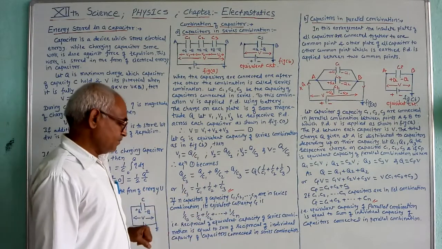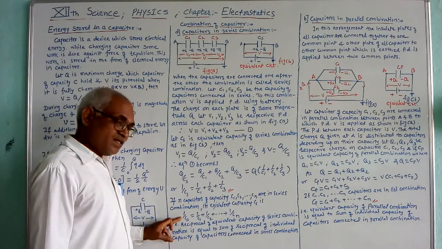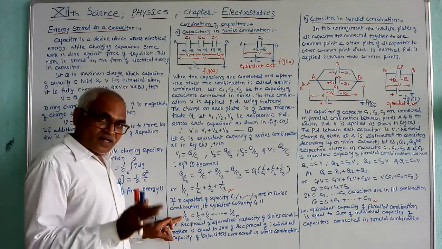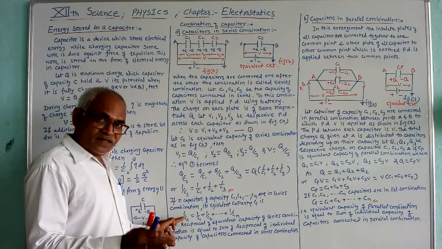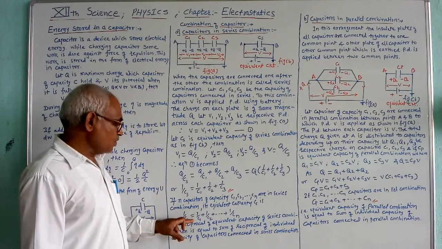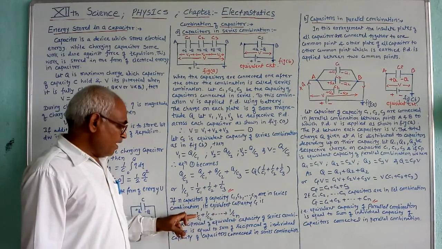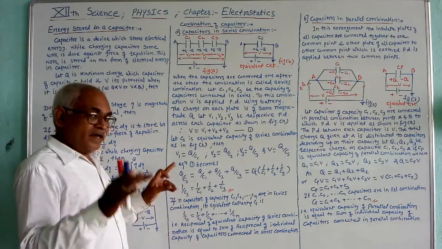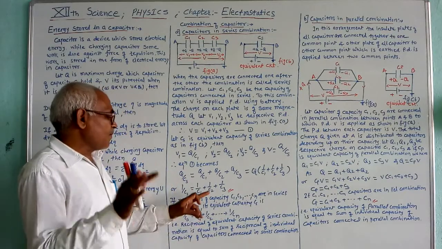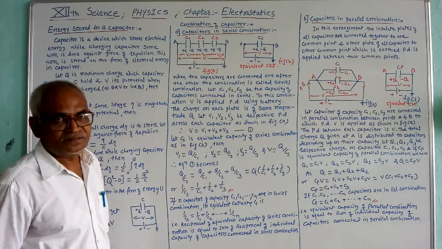That means, from this equation we say that the reciprocal of the equivalent capacity of the series combination is equal to the sum of the reciprocals of the individual capacities of the capacitors connected in series.